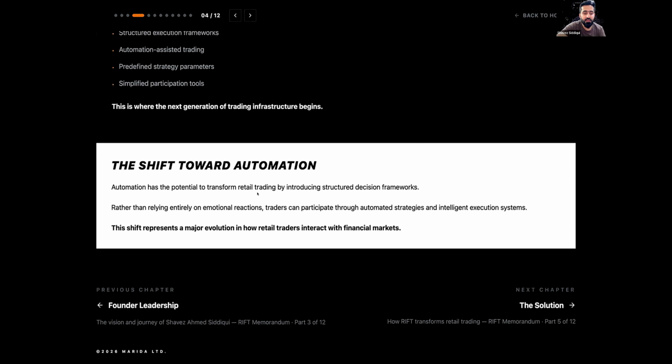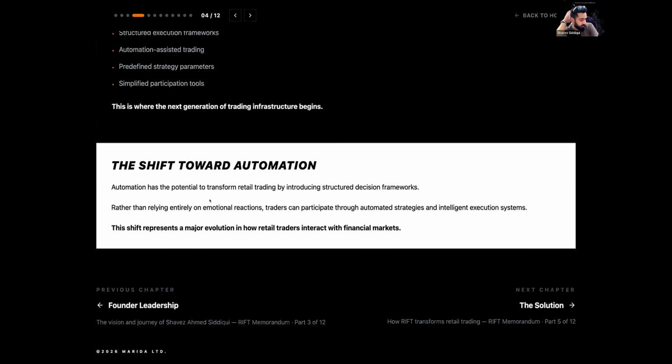Then comes the shift towards the automation that we discussed yesterday. For the last 3 days, we have been discussing how, from 2005, the trading industry is shifting towards automation with algorithms. Slowly and gradually, in the stock market, commodities, and forex, there are intelligent execution systems, algos that are built.